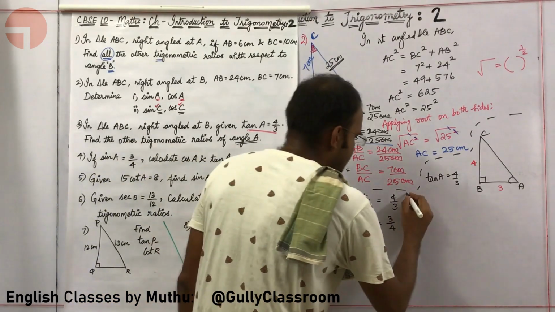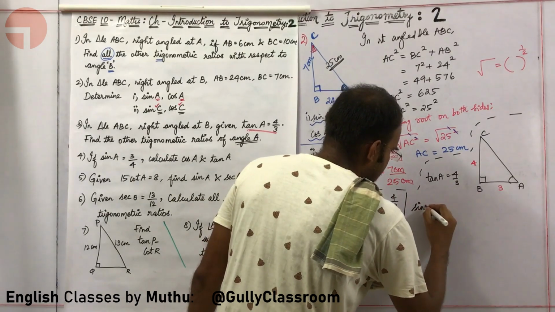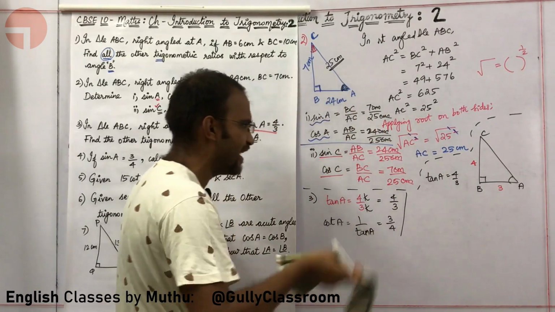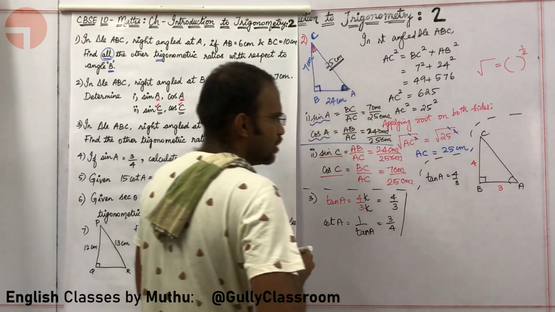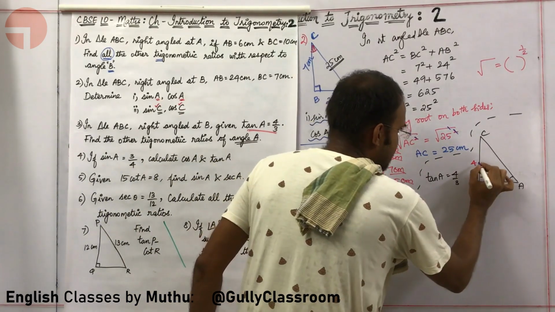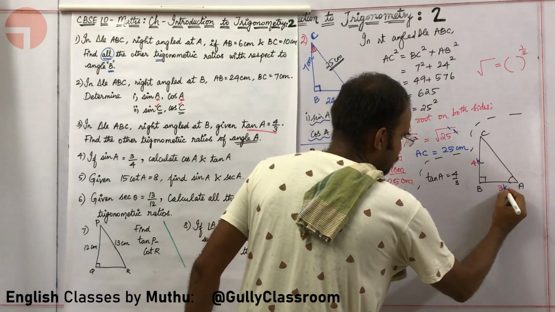Okay, sir. What next? Let us find the value of sin A. Before finding the value of sin A, we need to find the value of this particular hypotenuse. How am I supposed to find it? Let us apply Pythagoras theorem. Let us assume this length to be 4k and this length to be 3k.